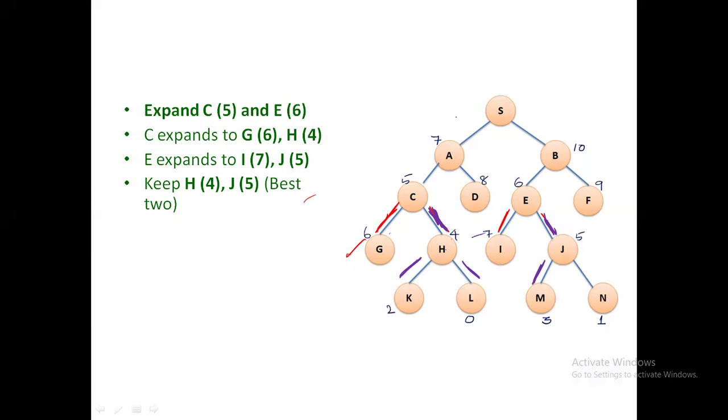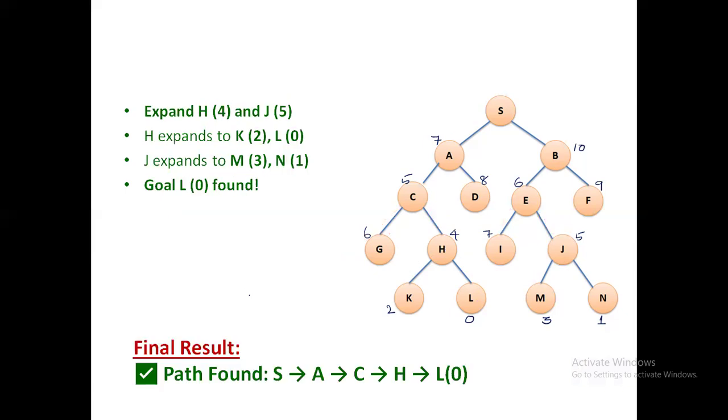Now we are getting the best solution. Expanding H of 4 gives L of 0, and expanding J gives M3 and N1. So now the goal node has been reached. What is the path found?